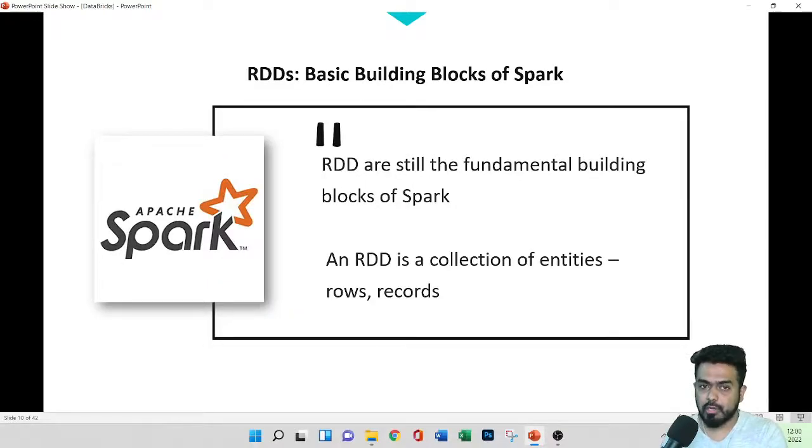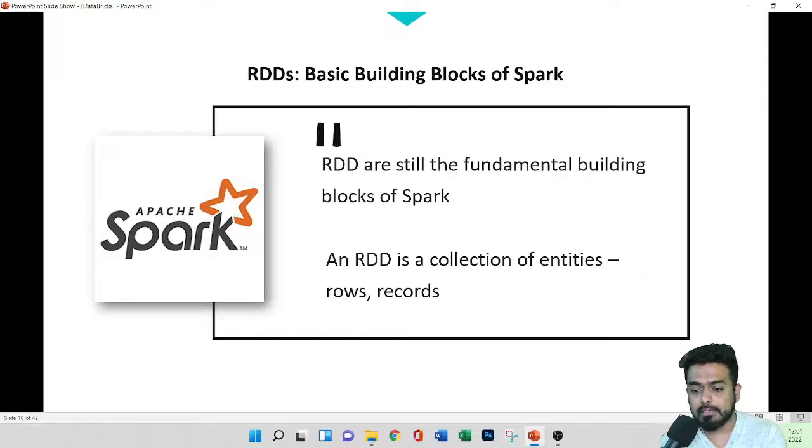When we talk about the major components like RDD, RDDs are very important when we are talking about Spark, so we need to understand them as well. RDDs are the fundamental building blocks of Spark.